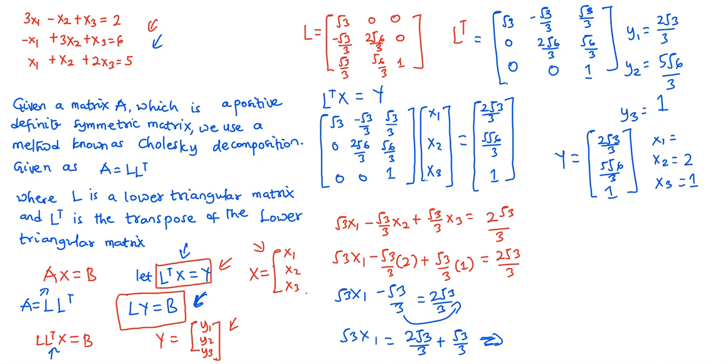So x1 is also 1. The column vector x is 1, 2, 1. Therefore, x1 is 1, x2 is 2, and x3 is 1. So this is how to use Cholesky decomposition to solve a system of linear equations.